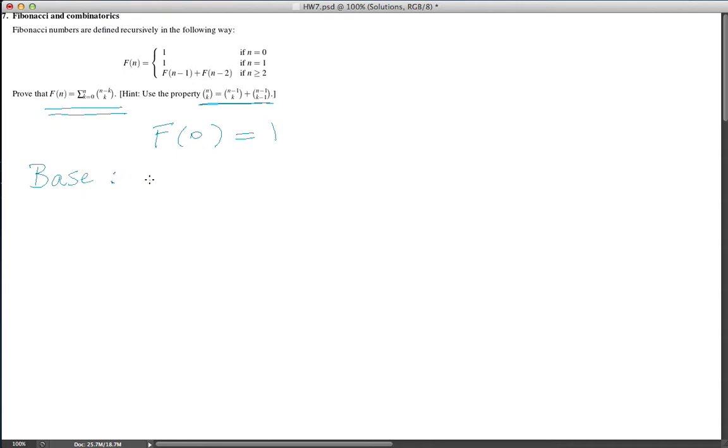For the induction, first we consider the base case. We are using strong induction. So for the base case, f of 0, if we want to use the property, is 0 choose 0, which is 1, because we know that 0 factorial is 1.